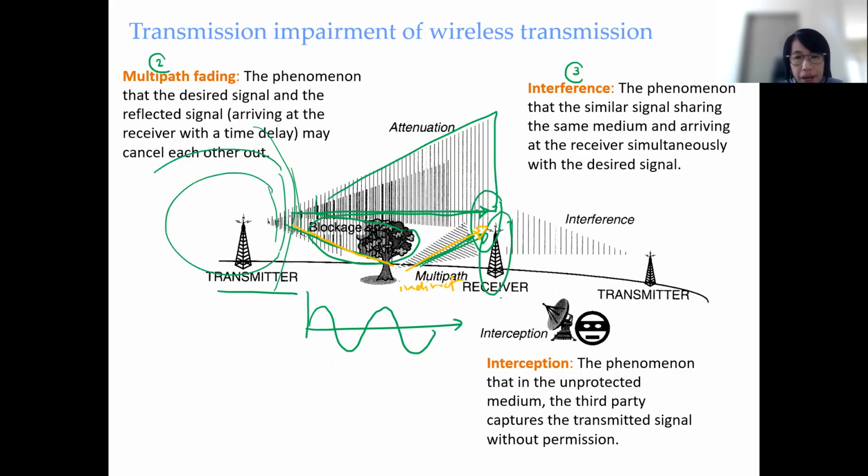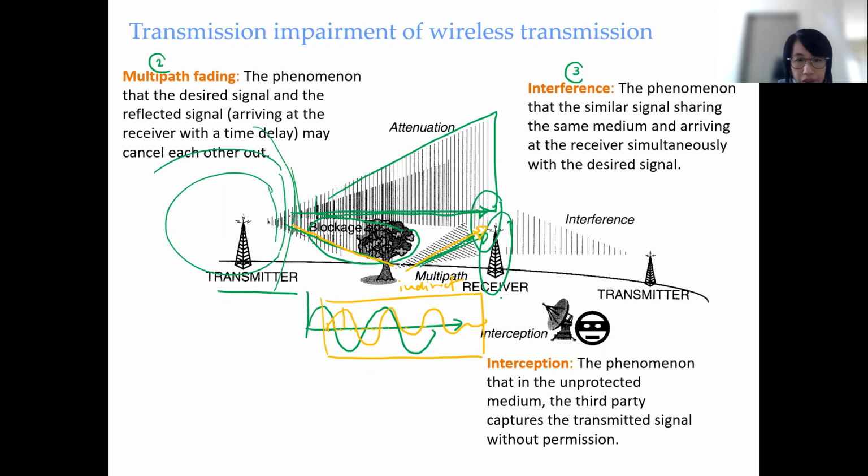The indirect path arrives later. It may not be as beautiful as a sine wave. And then at the receiver side, it has to combine, for every instant of time, every signal it receives.